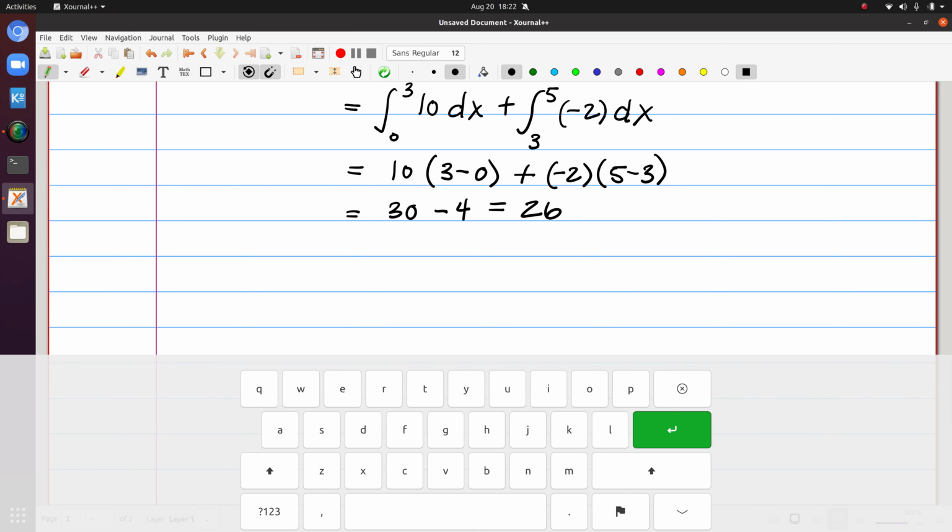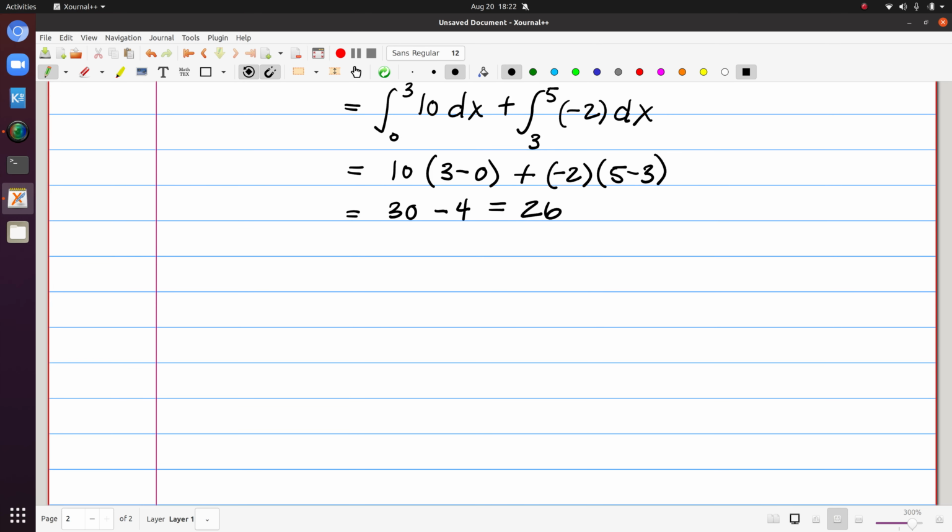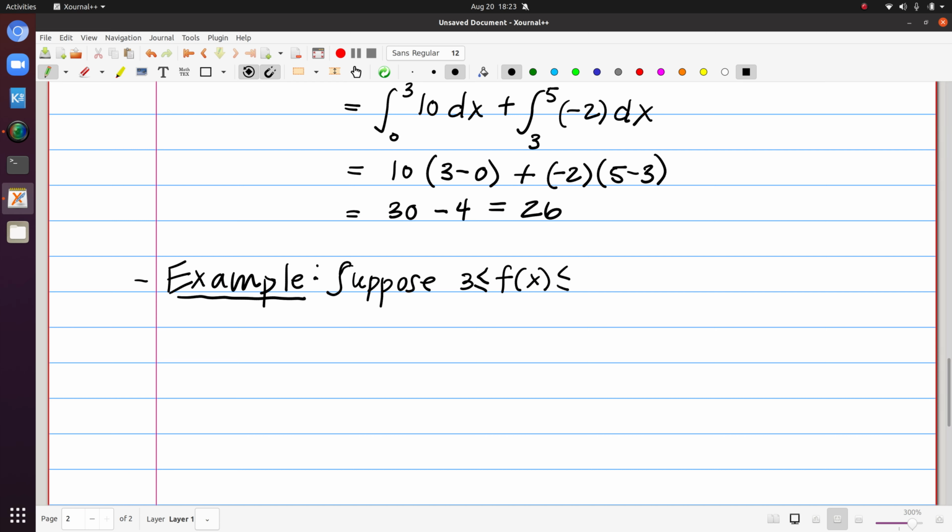And then finally, we haven't really seen the use of our last property that I wrote there. Now I can come back to that and think about coming up with bounds. Suppose the only thing I know about my function is that 3 is less than or equal to f of x is less than or equal to 8.